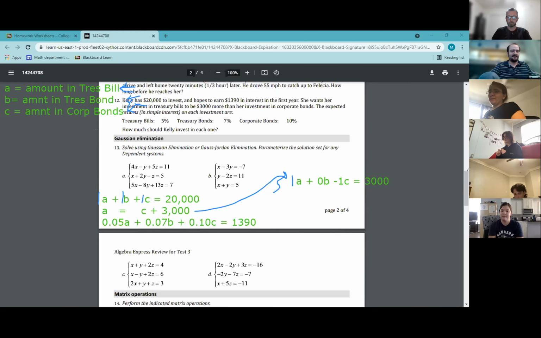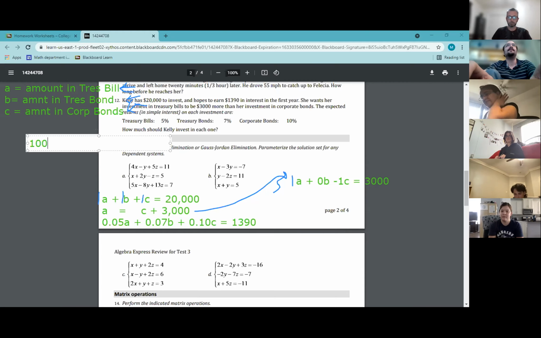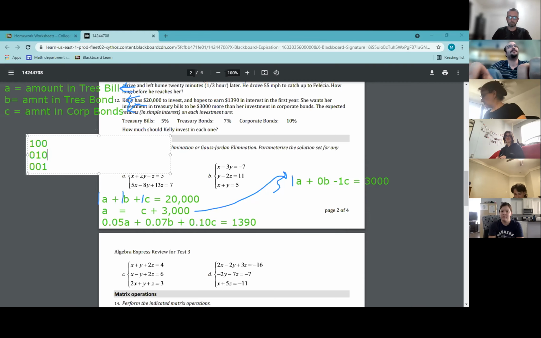I got like 8,000, 7,000, 5,000, I think, for this one. When I plug it into my calculator, I get the good old row echelon form. This is the one we just did, number 12.